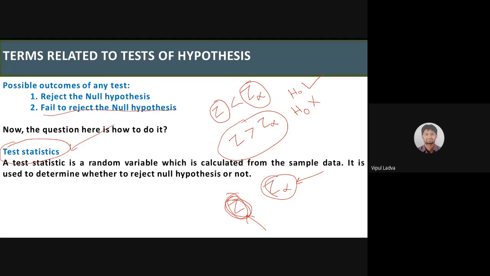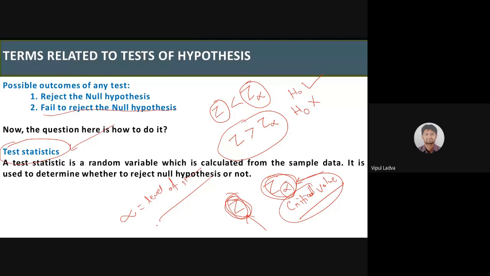But what about Z alpha? Z alpha is a critical value. Now, that critical value depends on alpha. What is alpha? Alpha is the level of significance. That level of significance might vary. कुछ भी रख सकते हैं आप.